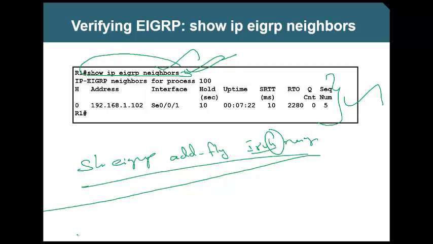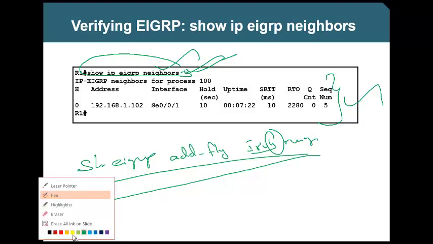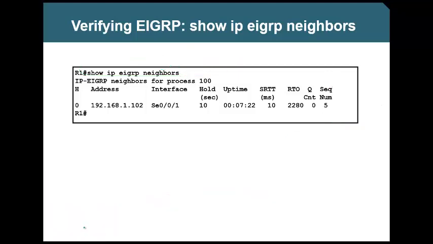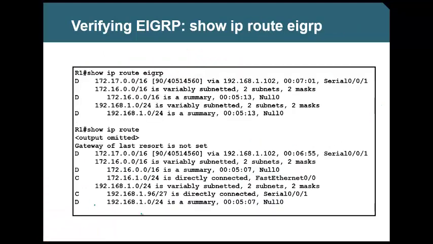Now, I've shown you 2 ways of verifying the same output, checking the neighbor. Show ip route eigrp will show only the EIGRP learned routes. Simply typing show ip route will show the connected as well as EIGRP learned routes.